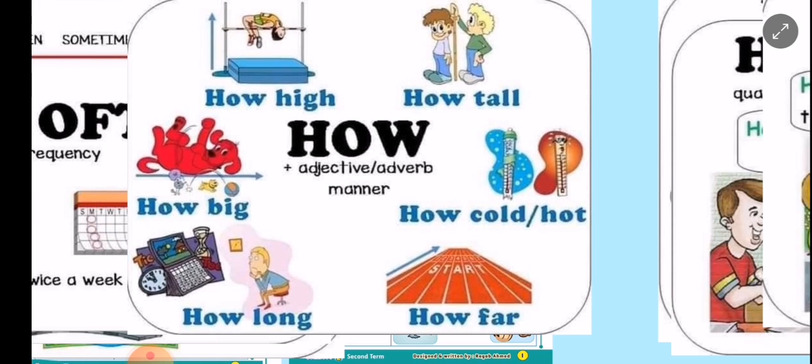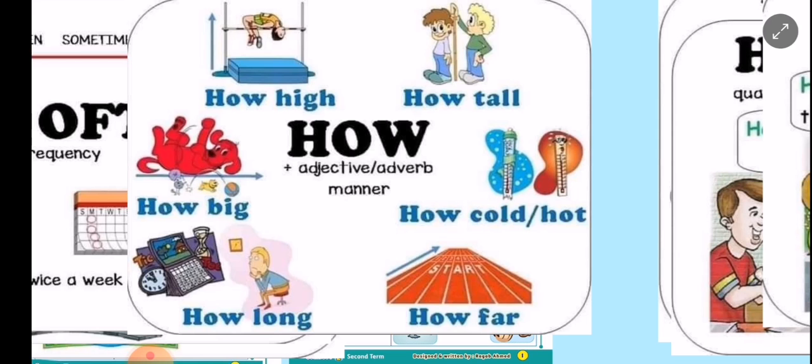At the beginning we said WH questions. There are questions that start with W, and another part of questions that start with H, like this one: how with an adjective or adverb, which means the manner. How high, how tall. From the picture you can guess the meaning. And how big, how long, how cold, how hot, how far.